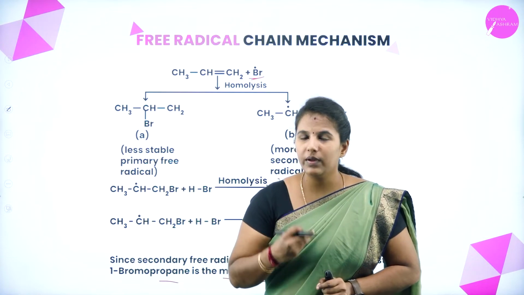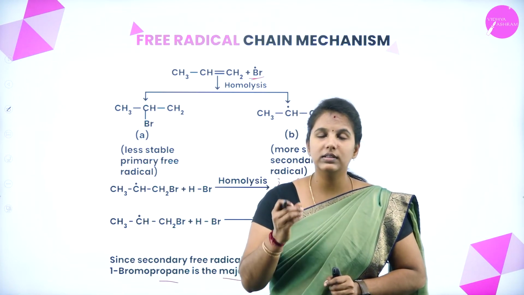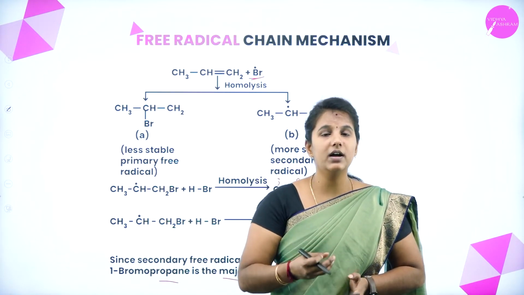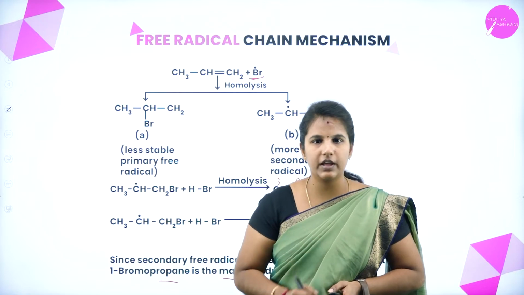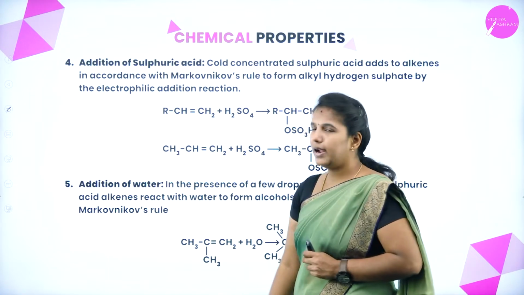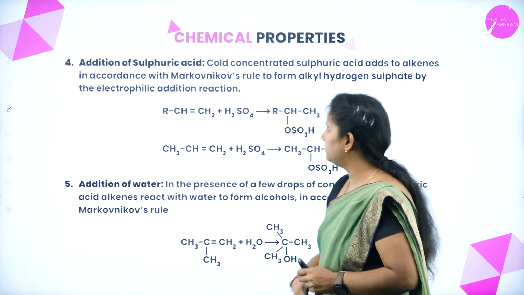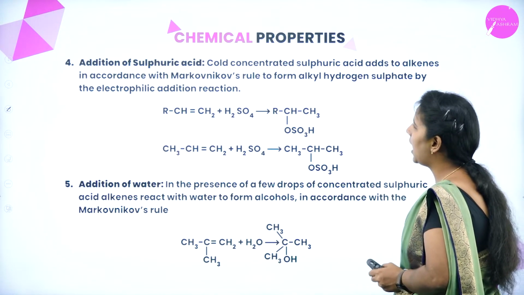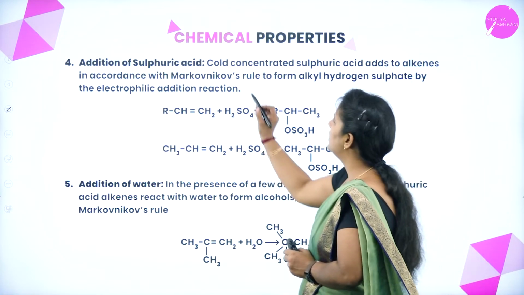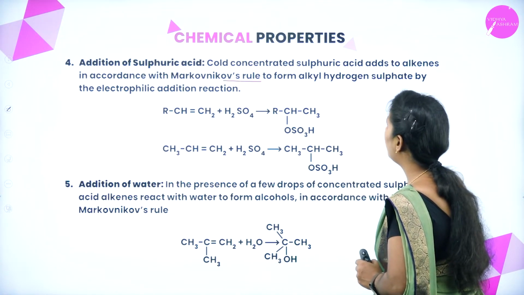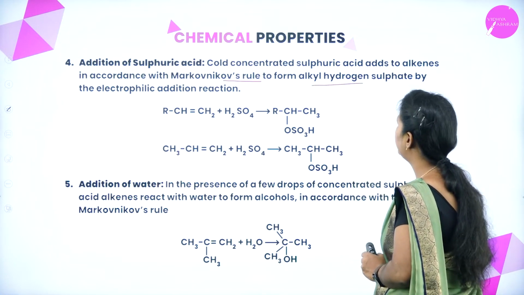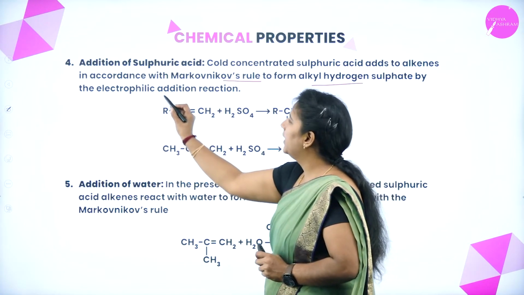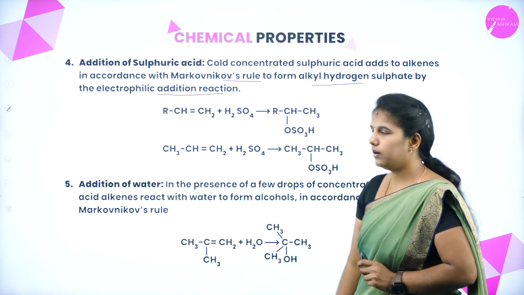This is how we can easily understand how hydrogen halide reacts with the alkene to give different products. Next thing is the addition of sulfuric acid. Cold concentrated sulfuric acid adds to the alkene in accordance with the Markovnikov rule to form an alkyl hydrogen sulfate, and it is an electrophilic addition reaction.